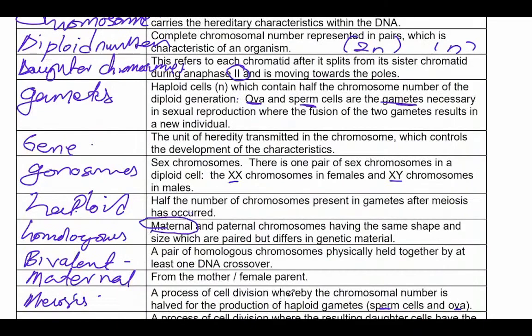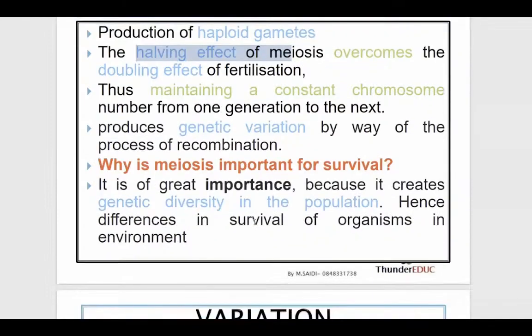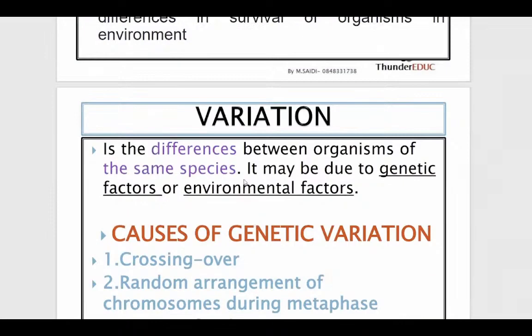Process of cell division whereby chromosome number is halved for production of haploid gametes, sperms and ova. They're saying production of haploid gametes, and this is as a result of the halving effect of meiosis. It means that it leads to dividing the chromosome number into halves.